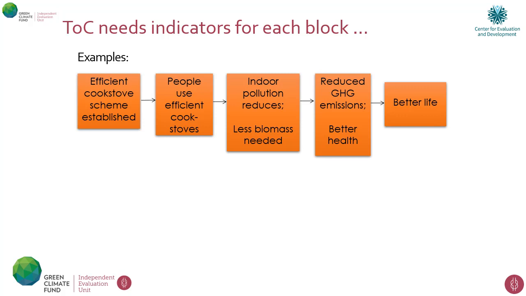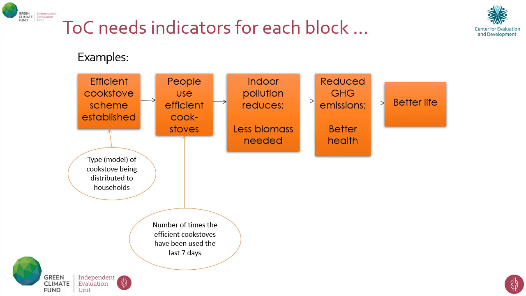Let's go back to the theory of change. It needs indicators for each of its blocks. And if you go back to our example, here are some possible indicators. To measure the efficient cook-stove scheme being established, you can use the type of cook-stove being distributed to the household. For the use of cook-stoves, you can look at the number of times the efficient cook-stoves have been used in the last 7 days.